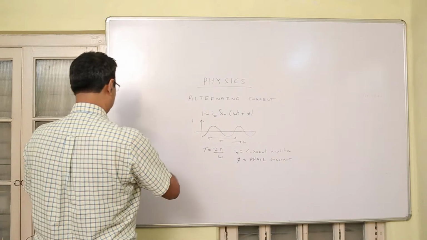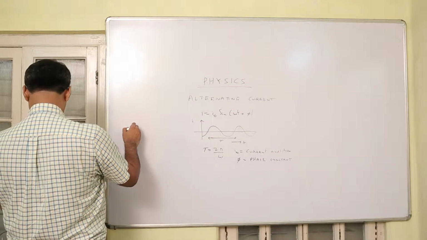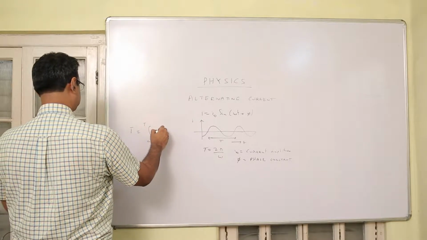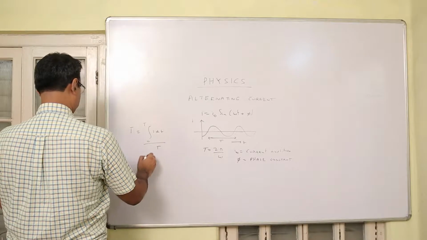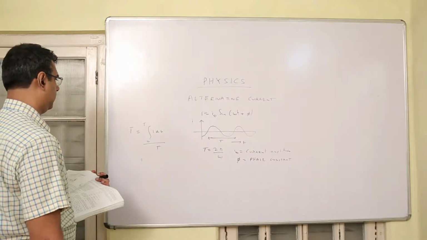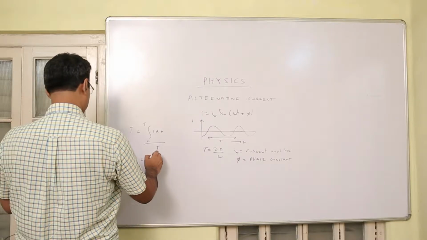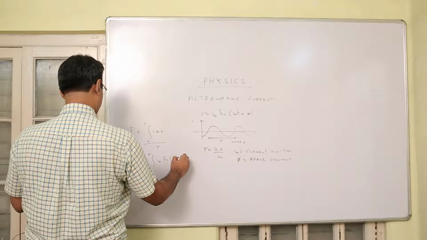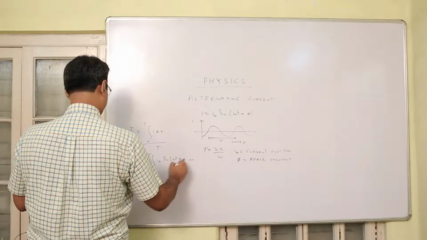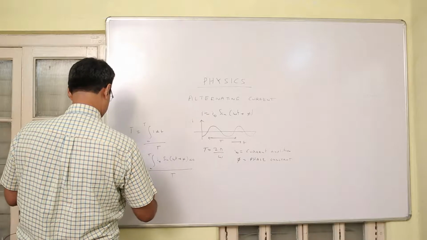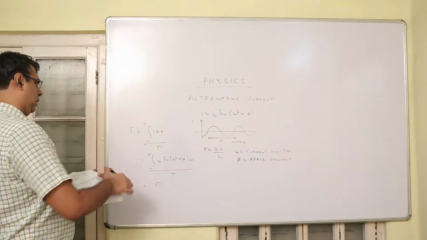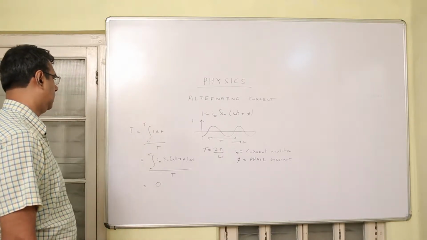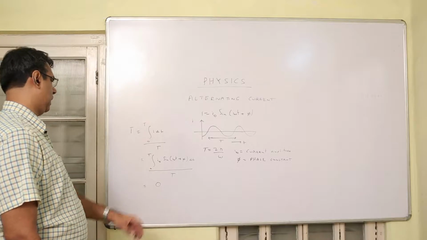Now they found that if you take average current in one time period, which is of course given by integral 0 to time period I dt divided by T, the answer comes to 0.